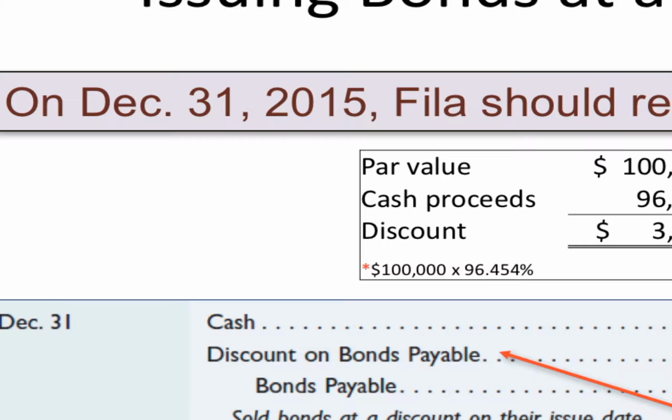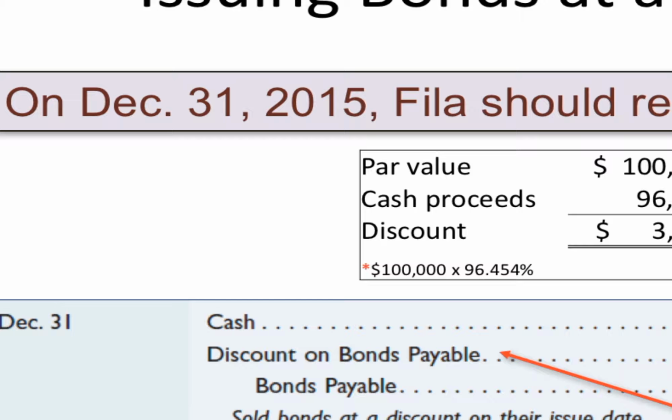So what we have here is something that's going to sit on our balance sheet, and we're going to remove a little piece of this discount with every interest payment that we make. We treat it on our books as if we're paying that little percentage extra in interest each time.